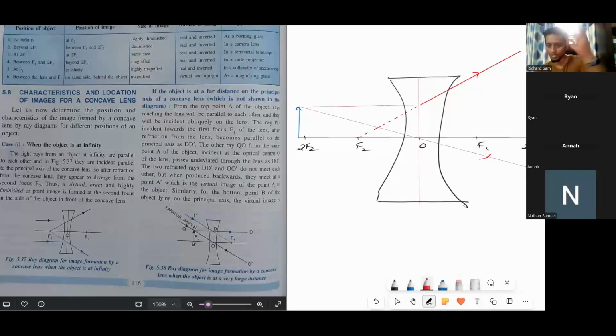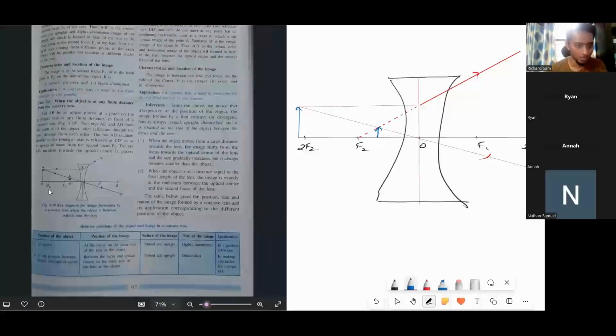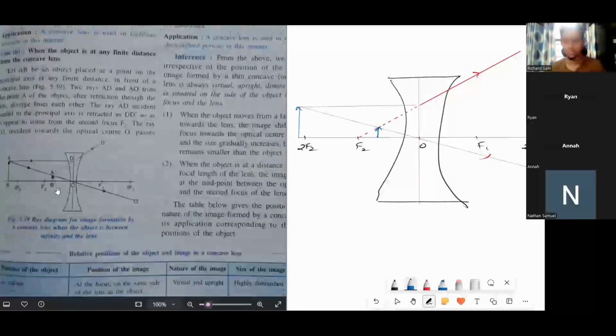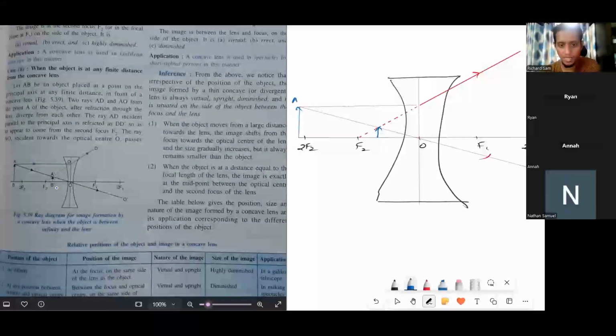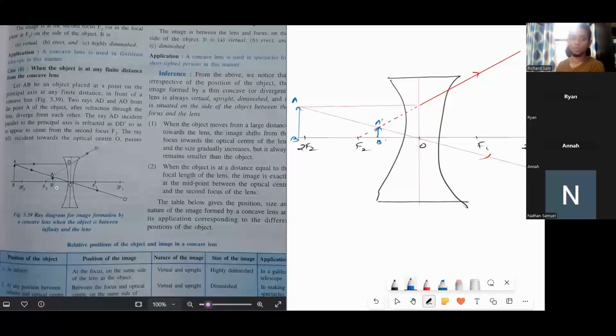You don't have to draw new lines. So this is the point where the two rays are meeting. That's where you will draw your image. Is everyone clear? Okay, so if your object is named AB, your image will be named A dash B dash. Okay, draw this and write down the 4 properties of this.